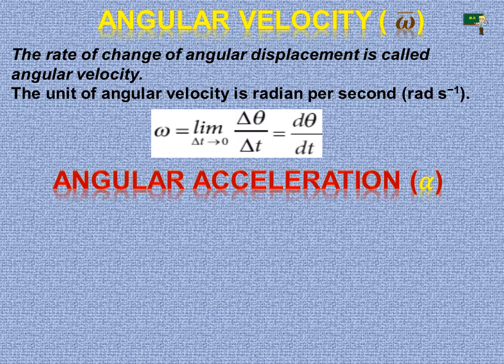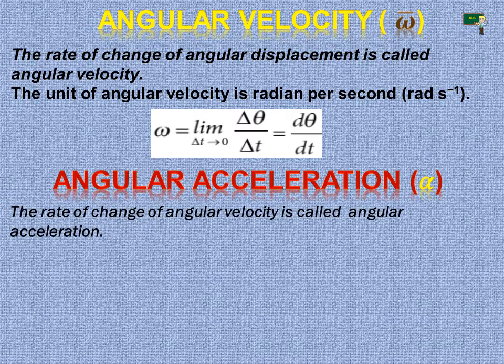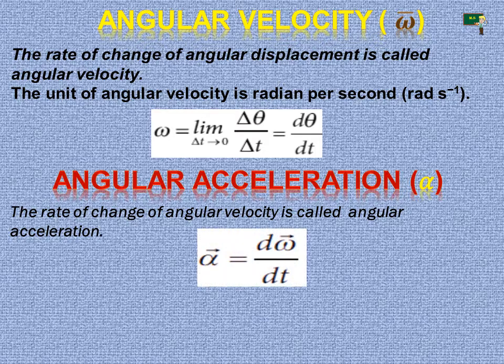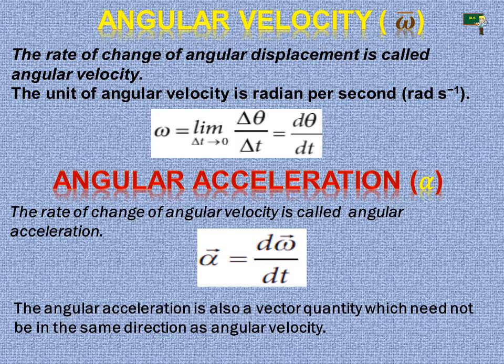That means angular velocity and angular acceleration come into action. Angular acceleration is measured by alpha. The rate of change of angular velocity is called angular acceleration, which is alpha equal to d omega vector divided by dt. The angular acceleration is also a vector quantity which need not be in the same direction as angular velocity.